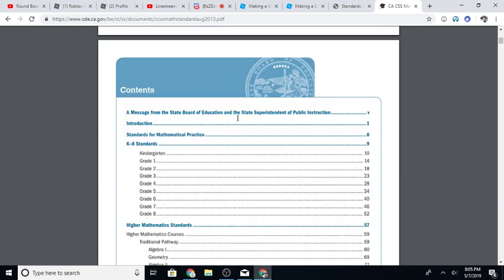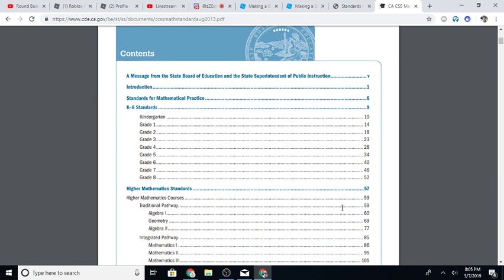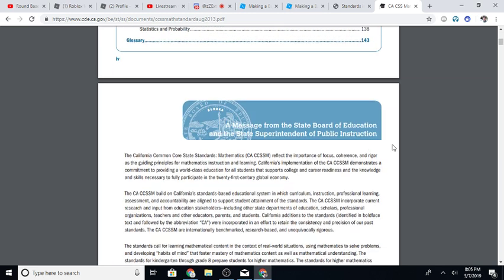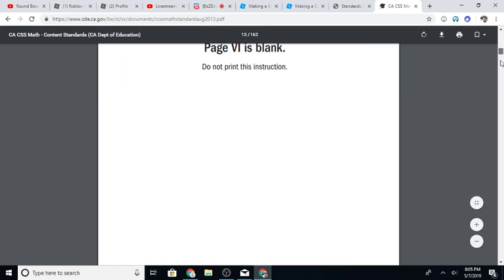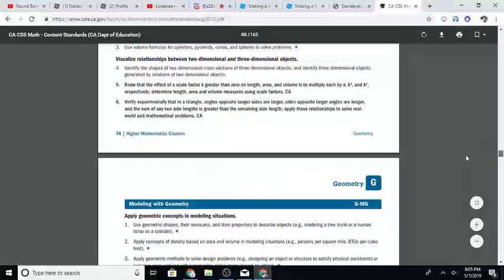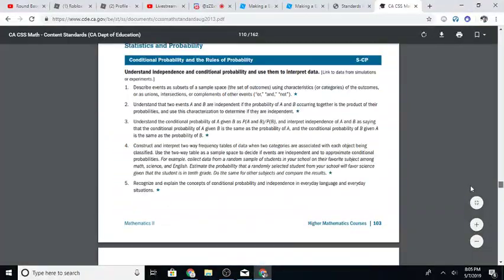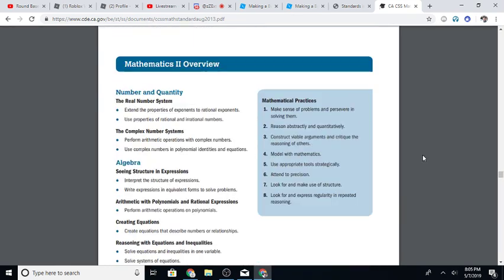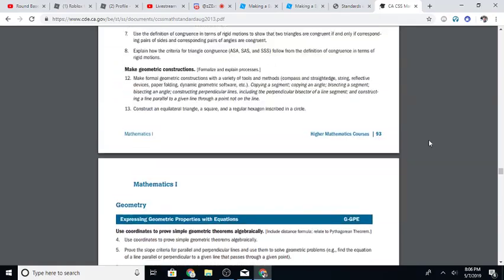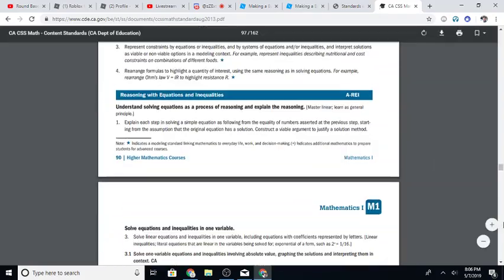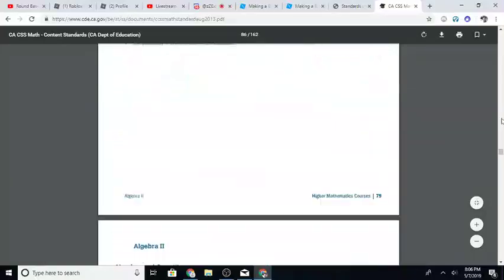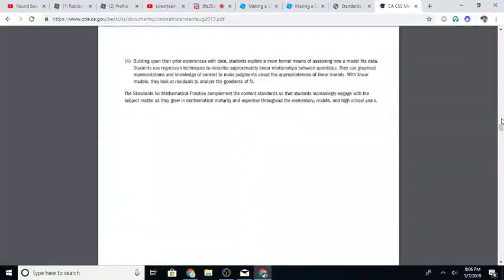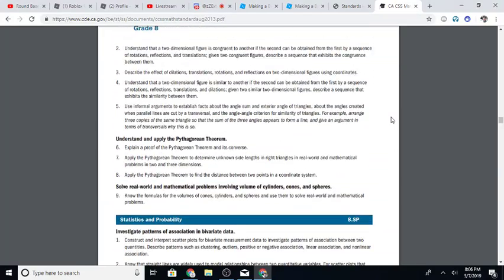Contents. K to 8 standards. Higher mathematics. Okay. 40. Alright. Oh my god. How many pages is this? 40. Okay. There we go.